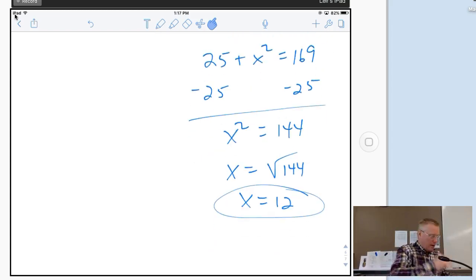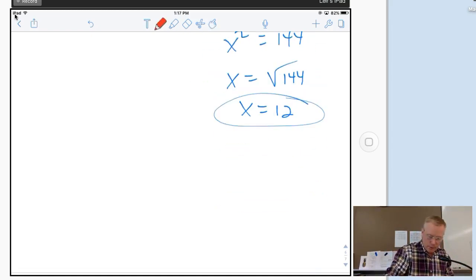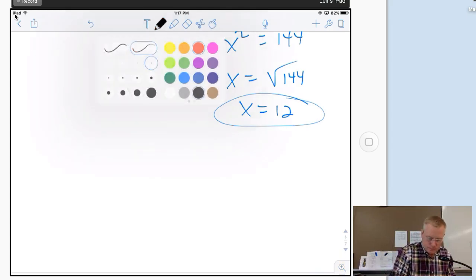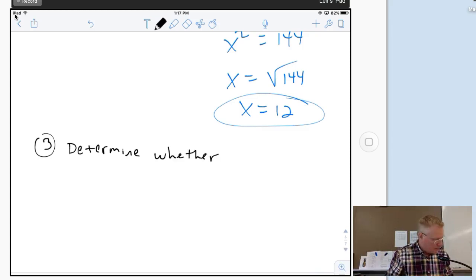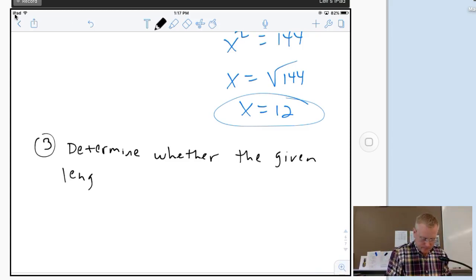Okay. All right. So number 3. Determine whether the given lengths can be sides of a right triangle.